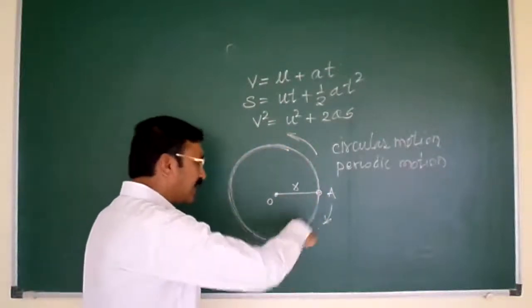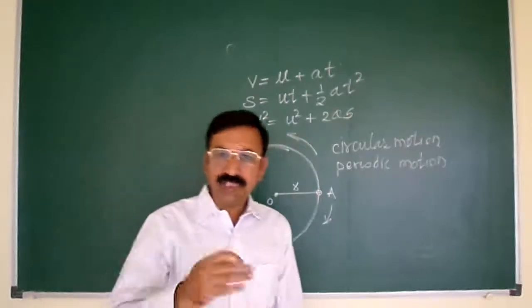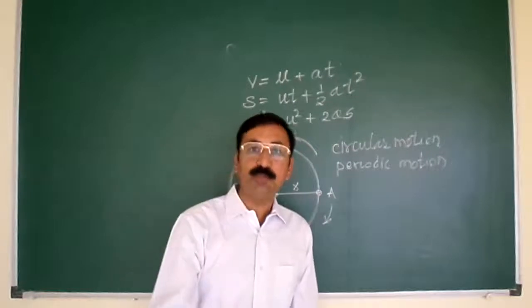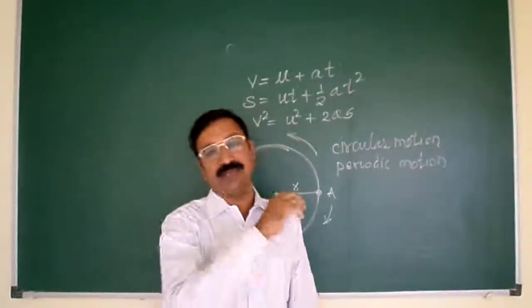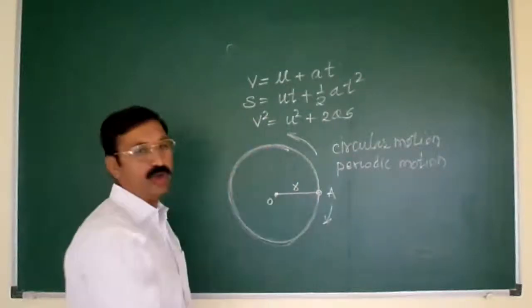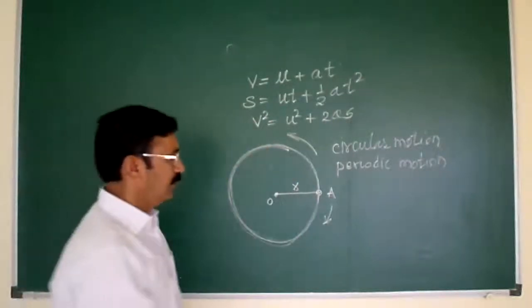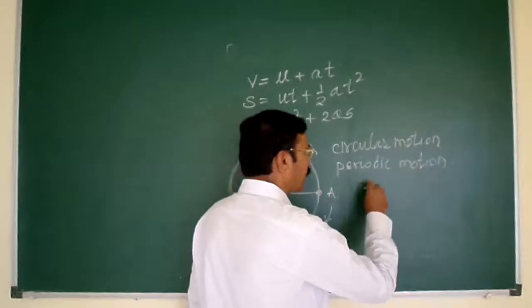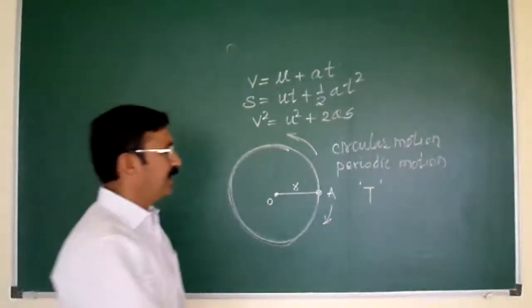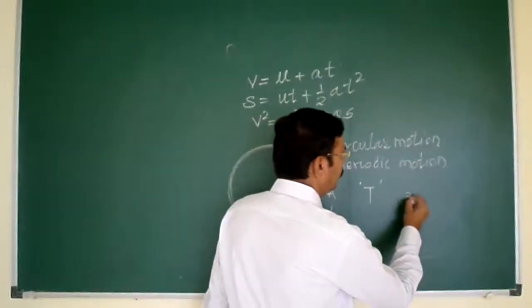And so as it continues, after a certain time interval, the particle comes to the same position again and again. This time interval is called the period of circular motion. Usually, the period of circular motion is denoted by capital T. It is measured in seconds.